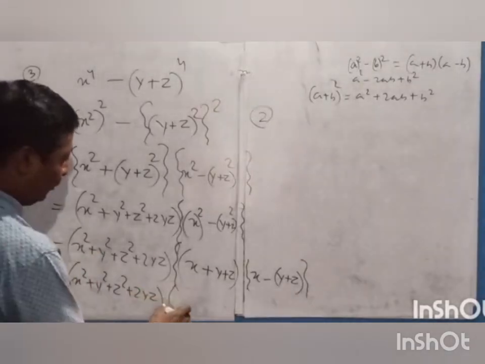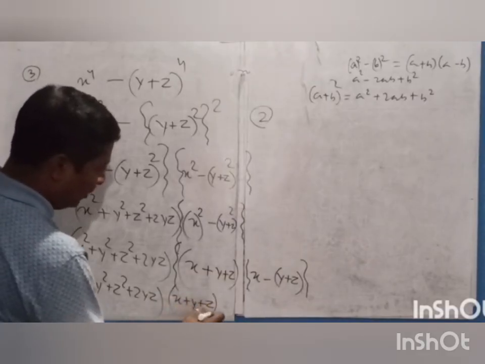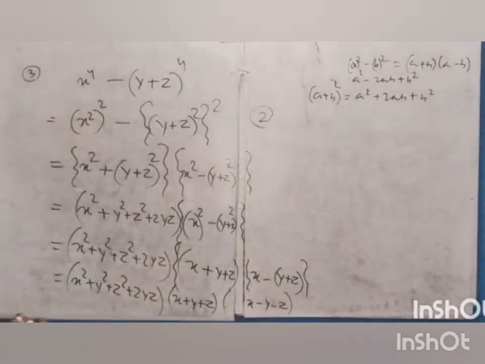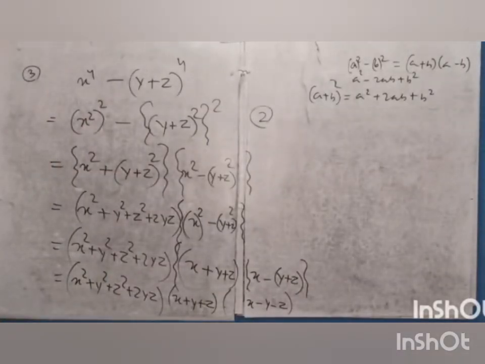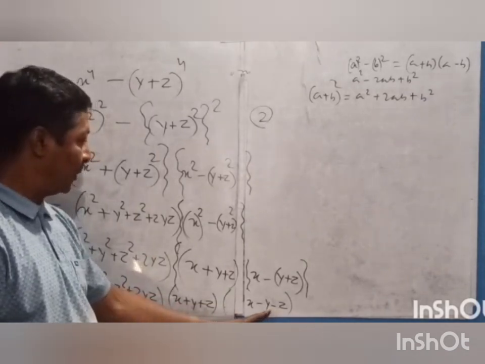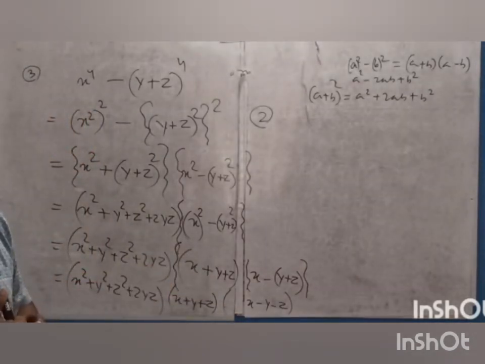Now I have to conclude this one. This is also the same here. This one is x minus y minus z. Some students are doing plus here, so that's why they are losing this step, losing half a mark or 1 mark.